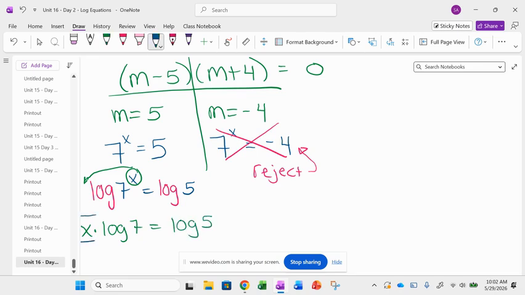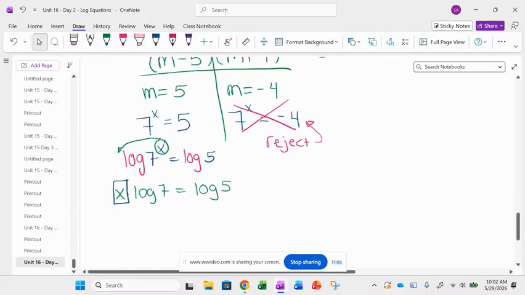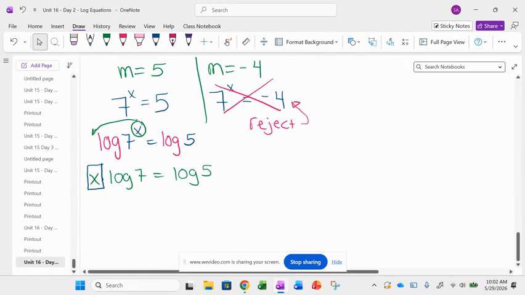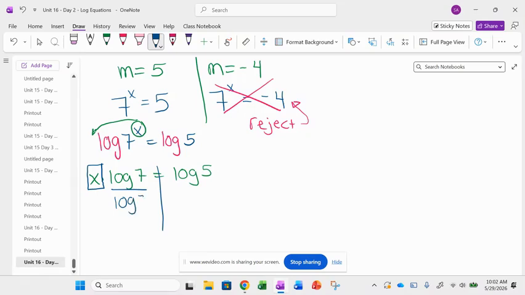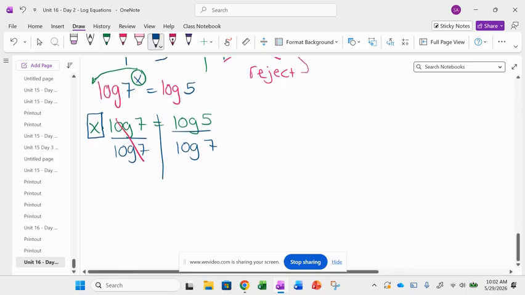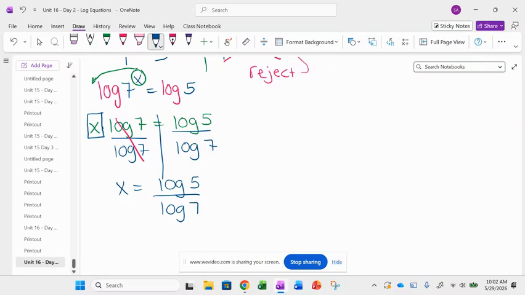My goal is to solve for x. If my goal is to solve for x, what should I do? Perfect. We are now going to divide by log of 7 on both sides. And so this is my calculator ready form. So x is equal to log of 5 divided by the log of 7. And then we go to our TI-84.